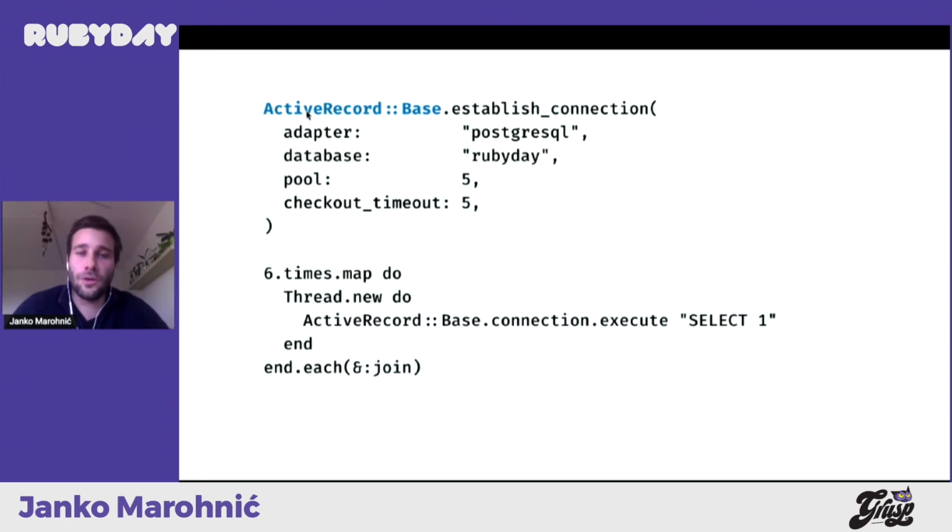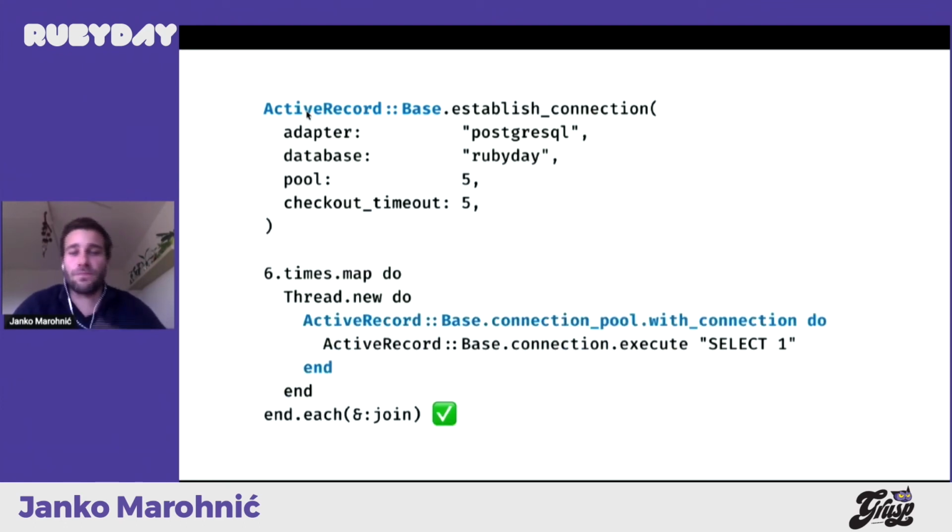The way to solve this problem in ActiveRecord is to check out the connection manually using the with_connection block, and then this block will check the connection back into the pool once the block is finished. This practice is typically recommended for Sidekiq users. However, I consider it a hack.